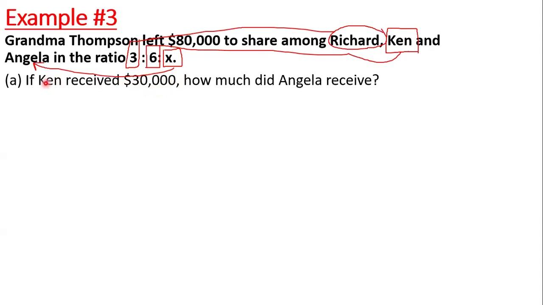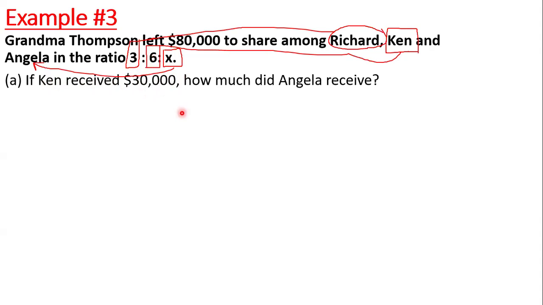So Ken's amount is 30,000, but we know that 30,000 is 6 equal parts, right? Because Ken is 6 equal parts. So we're gonna say 30,000 divided by 6.